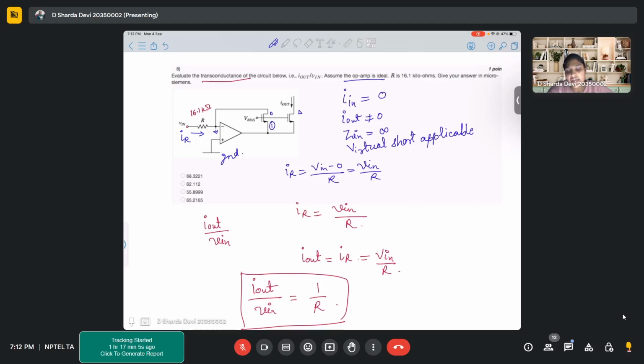But the gates are shorted and the sources are shorted for these transistors. So the same current will flow through the drain of the second transistor as well, and that current is I out. That's how we got I out equal to IR. Clear? Thank you, ma'am.